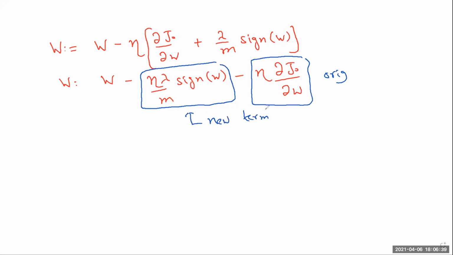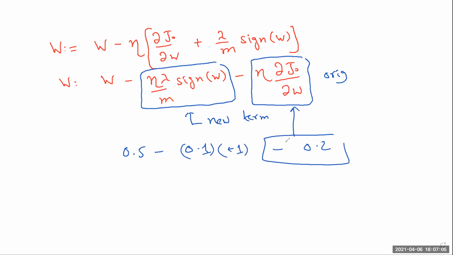So what is happening? From W, you are first subtracting this term and then subtracting the derivative of the error. For example, if W was 0.5, and suppose this whole term comes out to be 0.1, and what is sign of W? Since W is positive, this is +1. And suppose this whole term comes out to be 0.2.